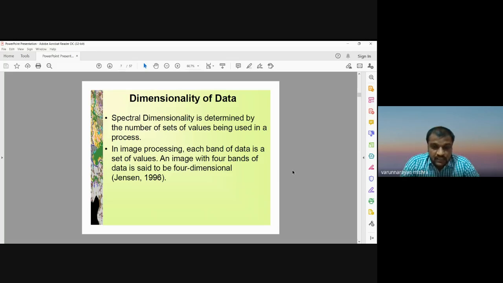If it has 8 bands, it is considered an 8-dimensional image. Image classification also helps to reduce the dimensionality. The entire image will be converted into a single thematic map, having only a single thematic layer. That is helpful to reduce the dimensionality of the data set.